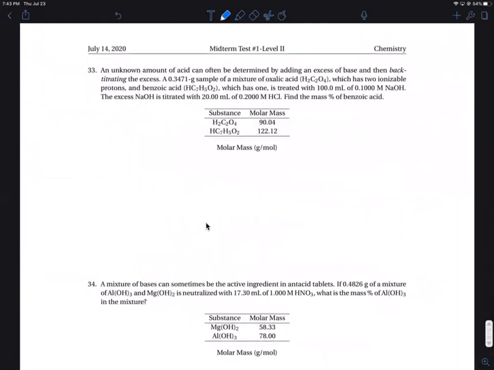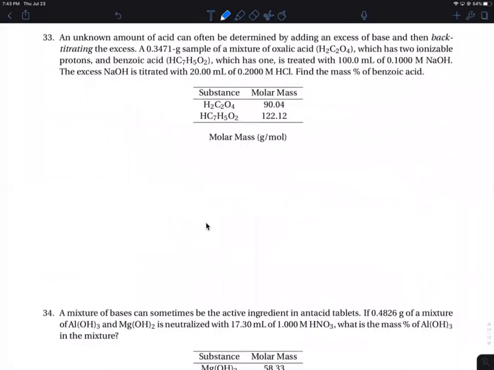All right, let's do number 33. Okay, let's write out the relevant equations. So first, let's write out this one: NaOH plus oxalic acid, which is H2C2O4.